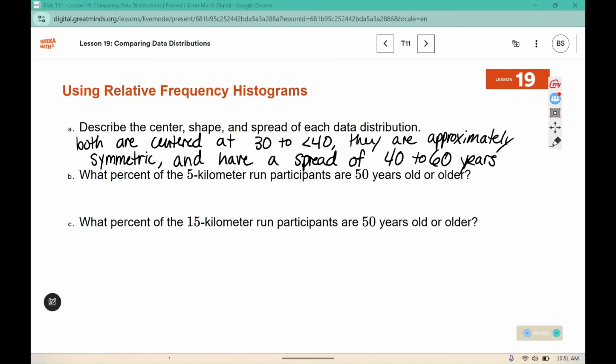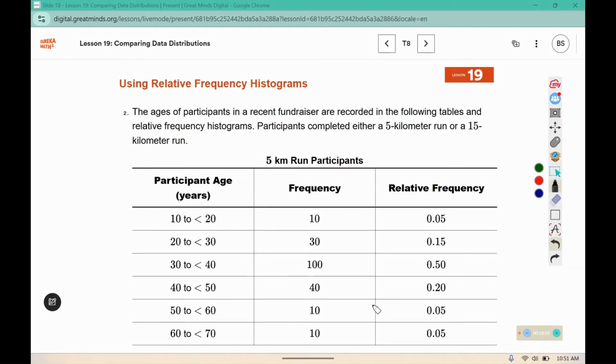B. What percent of the 5-kilometer run participants are 50 years old or older? Well, for 50 years old or older, it would be these two intervals. We add those two: 0.05 and 0.05 is 0.10, which is the same as 10%.